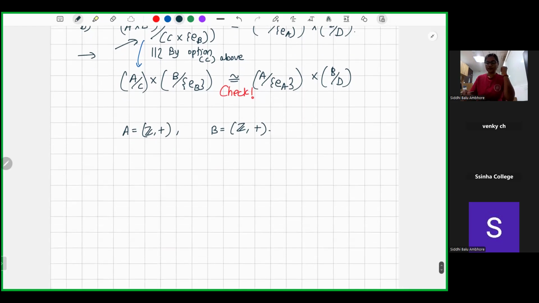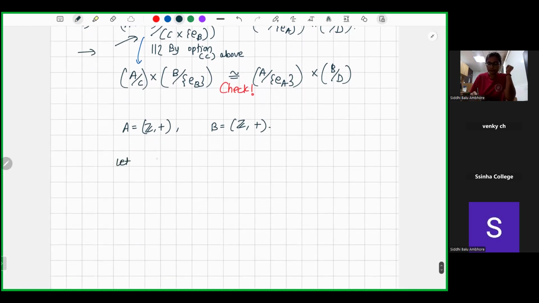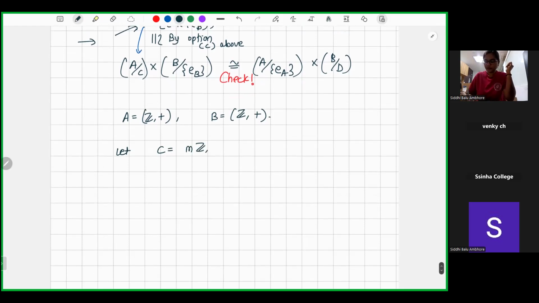So let C be MZ, every subgroup looks like this, and D be NZ, and we take M not equal to N, with M and N both positive.